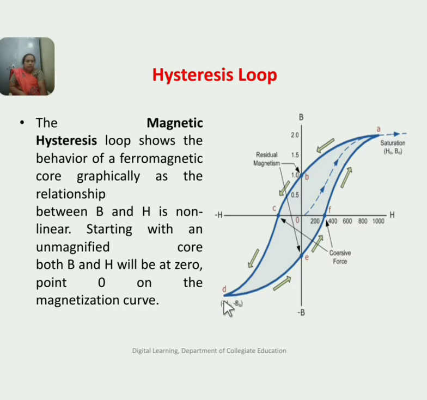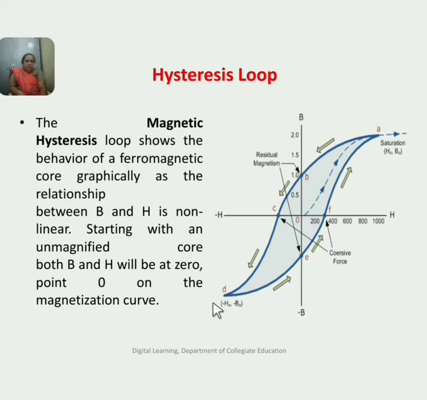The saturation point is here, from point C to D. From point C to D, both B and H are increasing, which means there is a magnetization process, and it reaches some value.